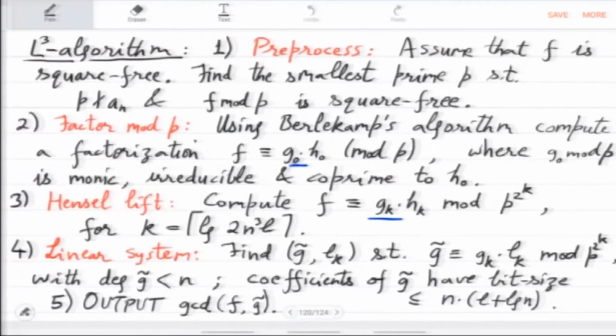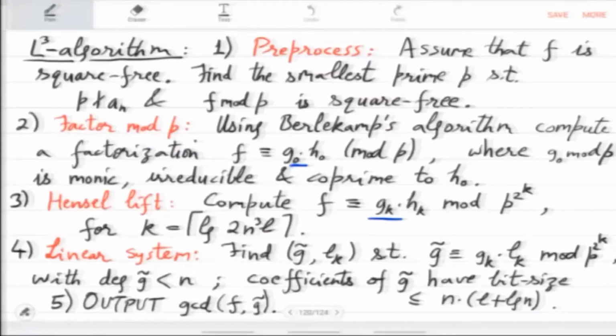We know that if there is an integral factor of f, it will have bit size smaller than n times (L plus log n). This is what we have shown, and step 4 is trying to find that. So if f has a factor, then g_k will lead you to that factor, g tilde. So existence is now clear. How do you construct this? That is not clear.